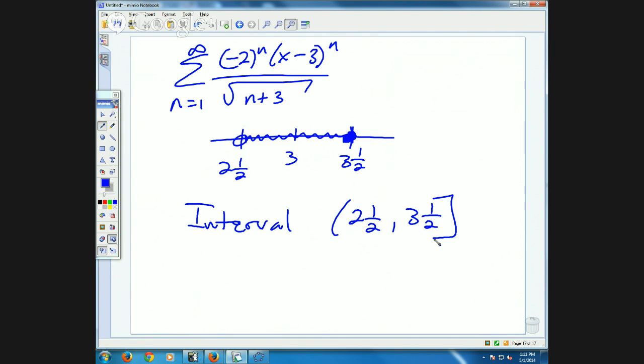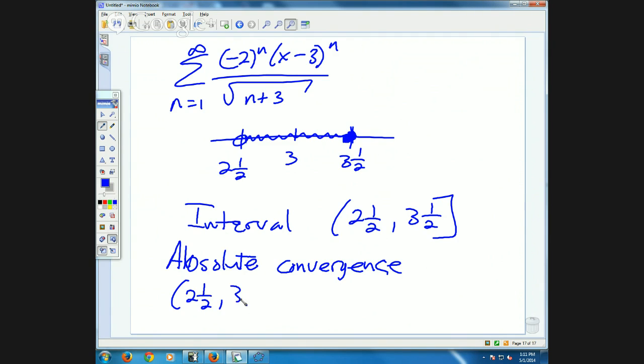Okay, now here's the big question. When is this thing absolutely convergent? Almost. Okay. It's absolutely convergent in the interval from 2.5 to 3.5.